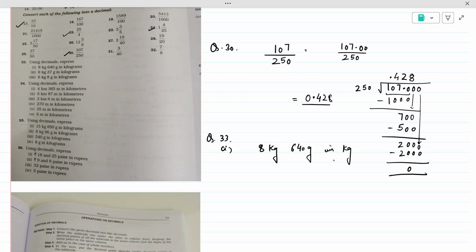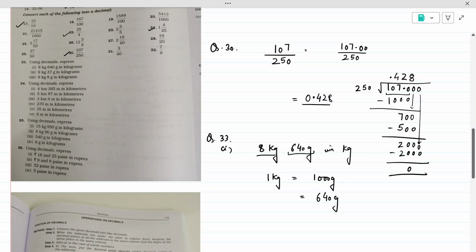We have to write this entire number in kgs here. So we know that 1 kg is equal to 1000 grams. Okay, and what is given to us is 640 grams. We have 8 kg straight away, which doesn't need any conversion, but we have to convert this 640 grams to kg. So how to do this?